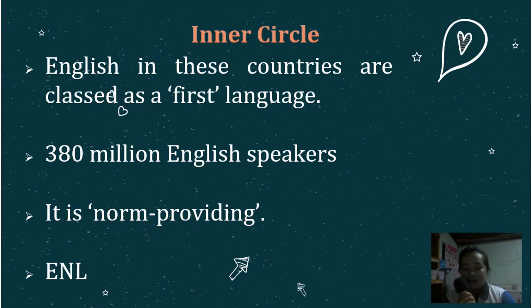And then the inner circle is norm providing. This means that English language norms are developed in these countries and spread outwards. Thus, it is considered as norm providing.